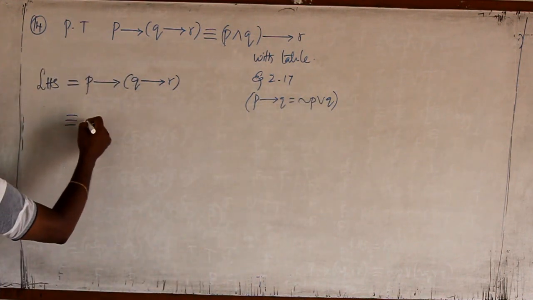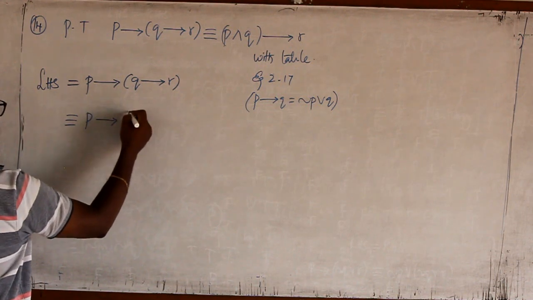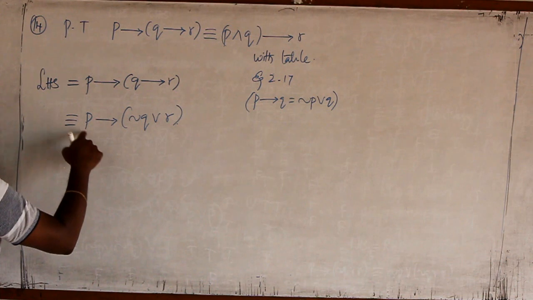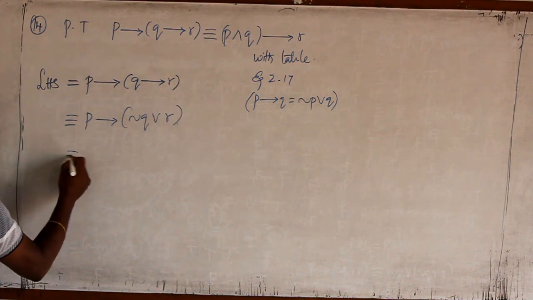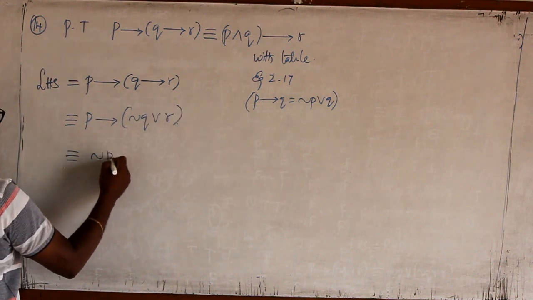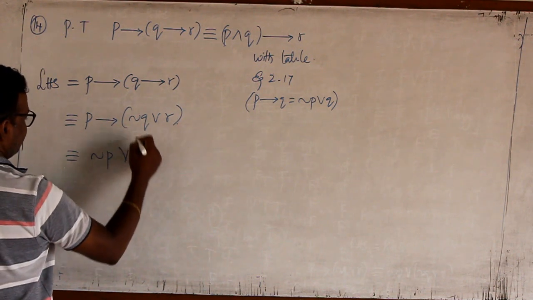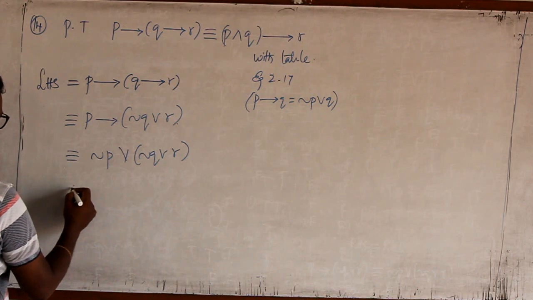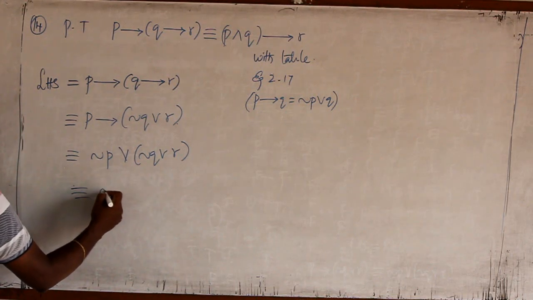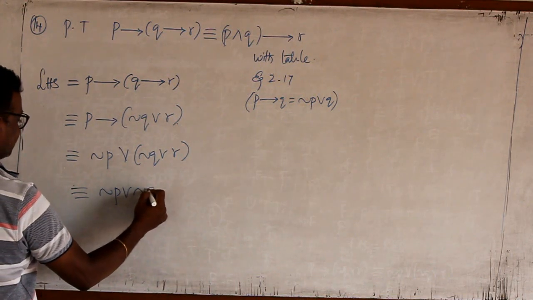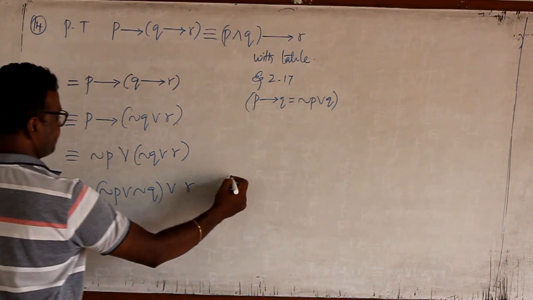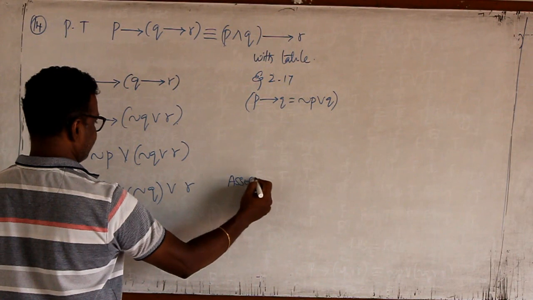So this is equivalent to P then, for this bracket, negation of Q or R. Now for these two, once again I can apply the same thing, that is the first set will become negation, OR, the bracket as it is. Now both are OR, three sets are there, so I can use the associative property: negation of P or negation of Q or R. This is the associative property.